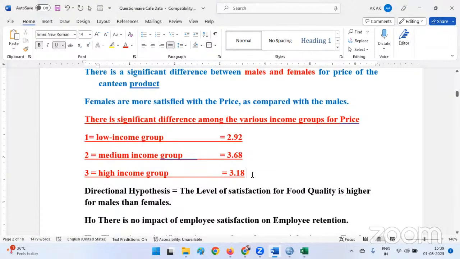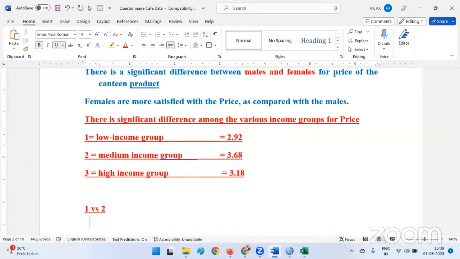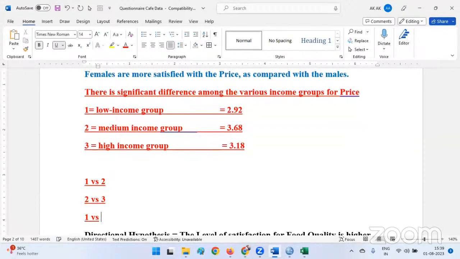Now t-test, since it compares two variables, can show that males are more, females are more. But now I cannot tell you that 2.92 and 3.68 is significant, 3.68 and 3.18 is significant, or 2.92 and 3.18 is a significant difference. So we have to compare all the groups: 1 versus 2, 2 versus 3, and 1 versus 3.